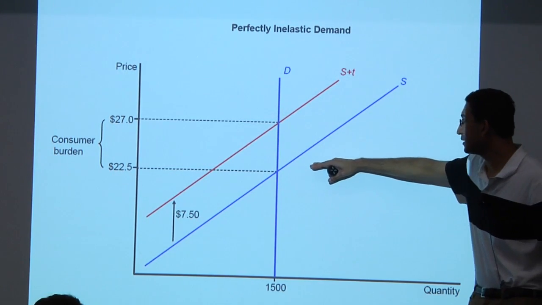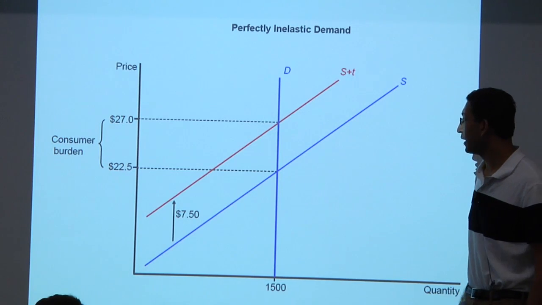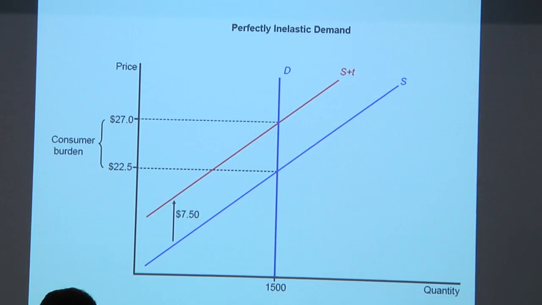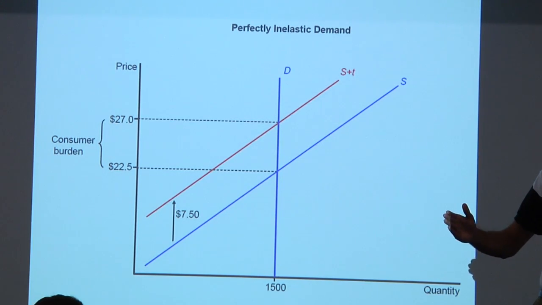So then what's the burden of the tax going to be? The incidence of the tax falls entirely on the consumer in this case, right? Because the consumer is totally inelastic. So what's the intuition for that? The way to think about the logic of incidence is that the supplier needs to change prices in order to clear the market.